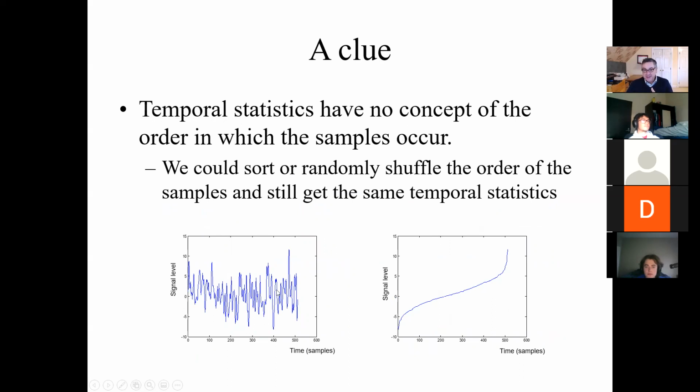In other words, if I take this signal and randomly scramble all the time samples, or just sort them like this, I would get the same temporal statistics because all the numbers are the same. They're just in a different order. So this is just another idea that the temporal statistics, by averaging over time, are losing some important information.